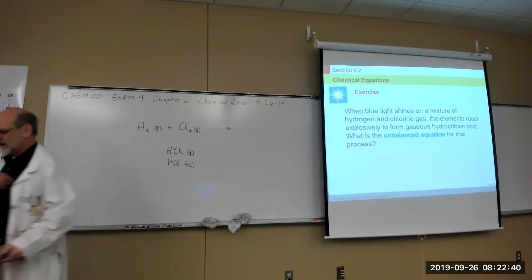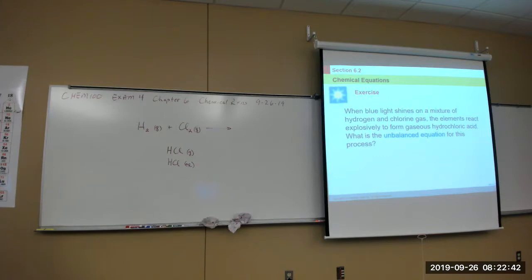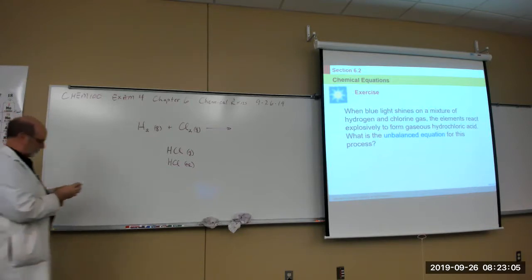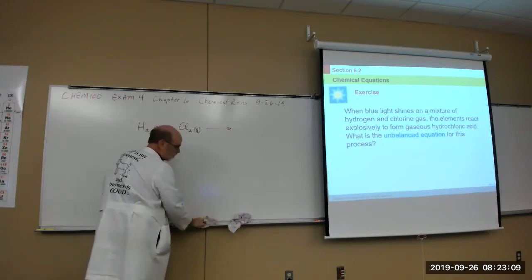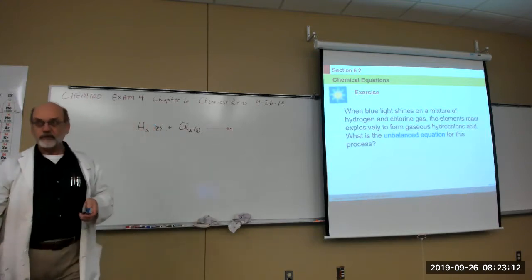So let me make a note. I need to correct that slide, because I think I've done this before and just didn't fix it the last time it happened. Gaseous hydrochloric acid. That should be hydrogen chloride. It might appear on the surface that I'm putting too fine a point on that, but it's true.